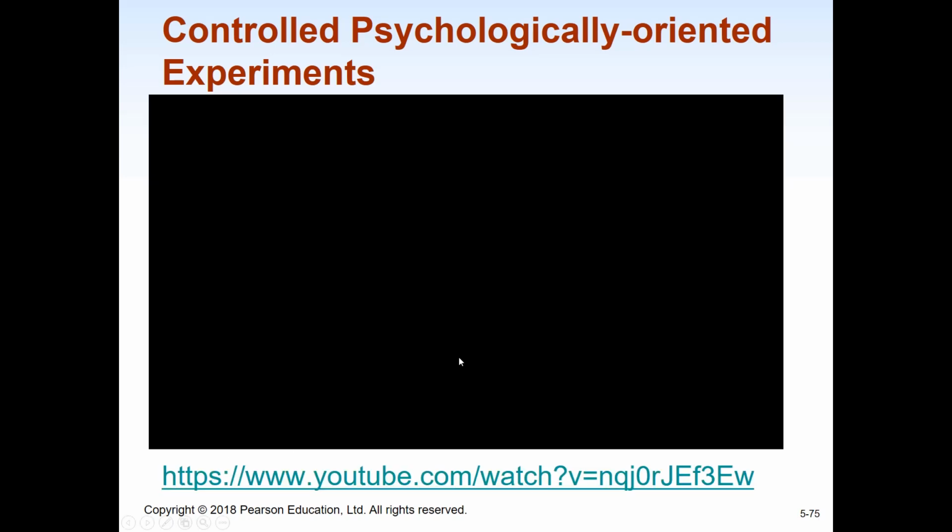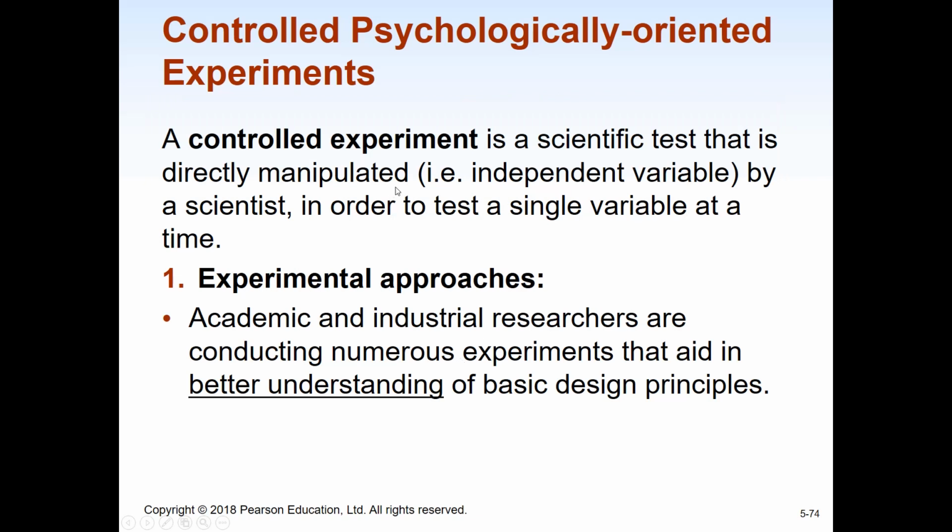Okay, so we have here two types of variables. We have the independent variable, sometimes defined as IV, which is the variable that is going to be manipulated, changed, controlled.